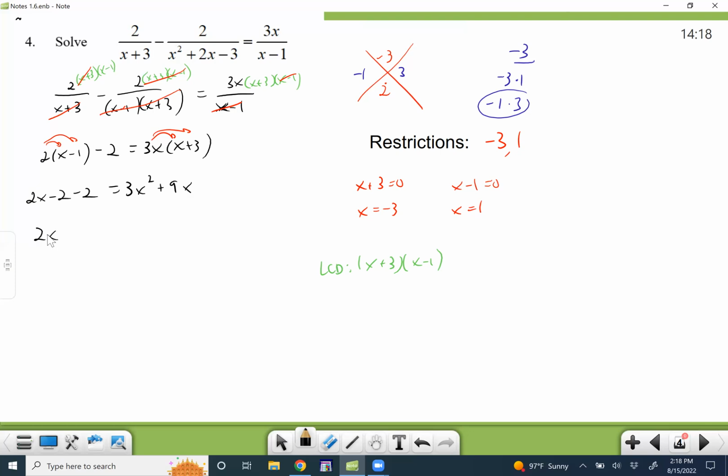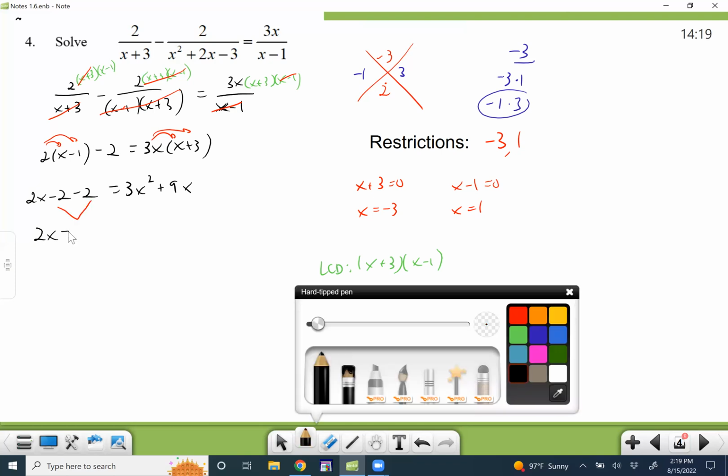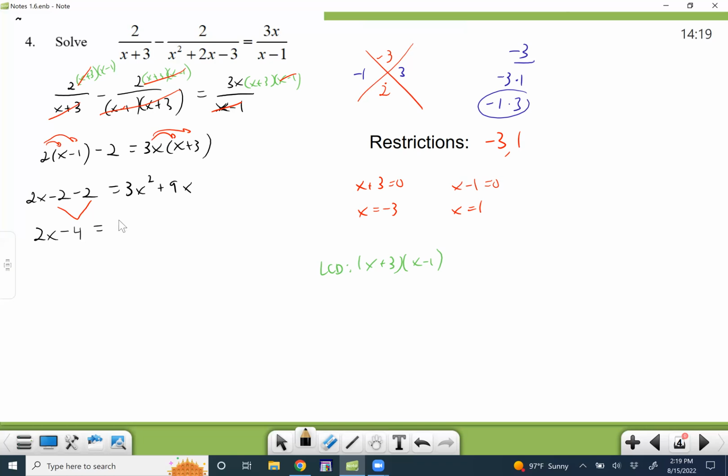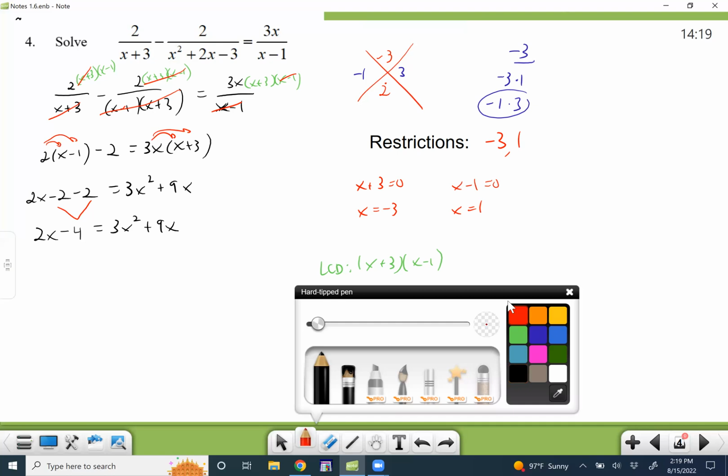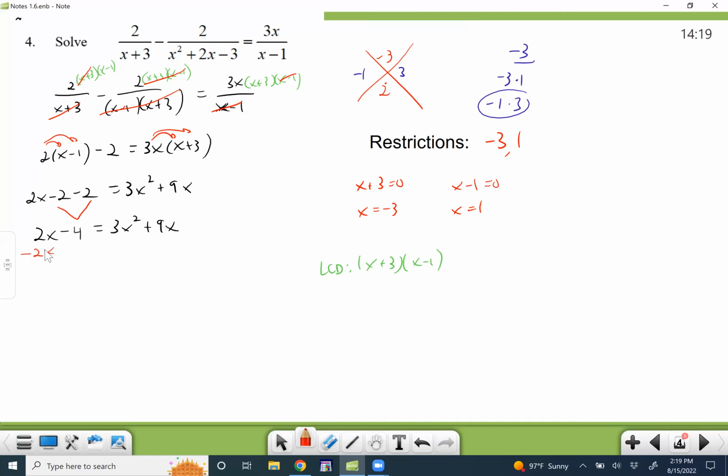So we got 2x, and then -2 and -2 make -4 because we're adding, not multiplying. And we said we want to keep our squared term positive. It's positive, which means leave it on the right-hand side. So I am going to move all of these that way, right? Okay, so I'm going to subtract 2x from both sides of the equation, and I'm going to add 4 to both sides of the equation.